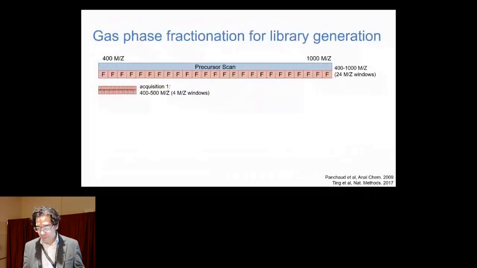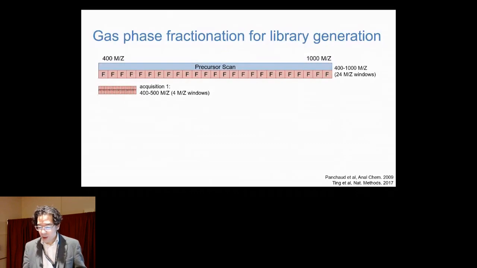For example, for this type of method, we might take a data set where we're analyzing from 400 to 1,000 m/z. This would be all the peptides between 400 and 1,000 m/z in these 24 m/z wide windows.